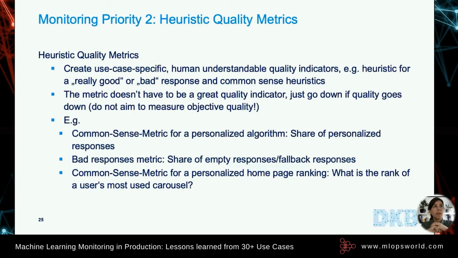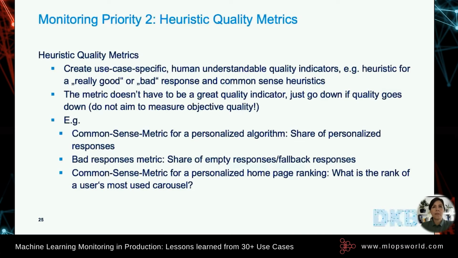The heuristic was that the most used box by a user, so let's say you're always clicking into the weekly discovery, or you're always clicking on great 80s pop songs, then your most used box should not be ranked very low in a personalized ranking. So this is a great heuristic. It doesn't cover everything, but if this heuristic goes down, then obviously this algorithm probably is suddenly experiencing a problem.